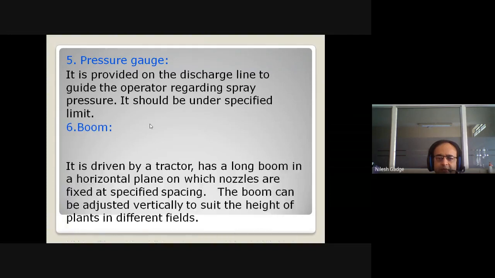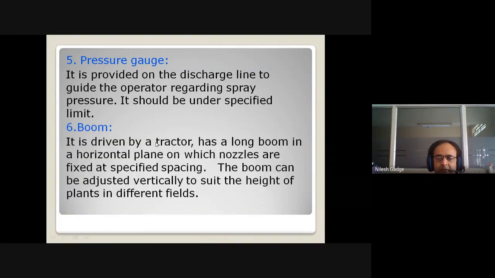Then the boom. What is boom? Boom is nothing but one rod, or you can say a lance. You might have seen small tractor operated sprayers. There is one rod, and that rod is called a lance.